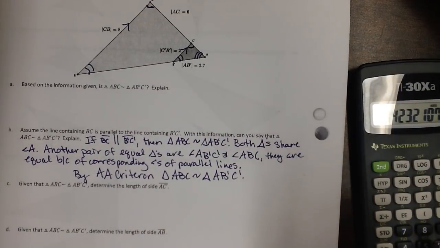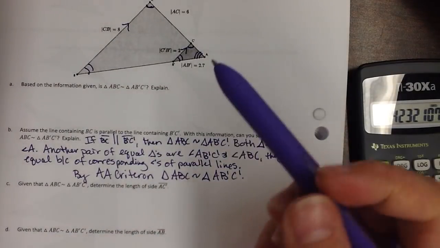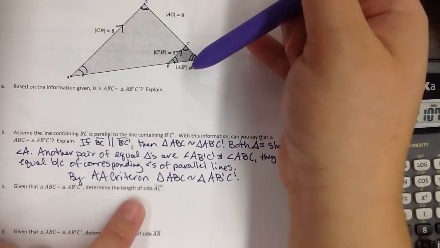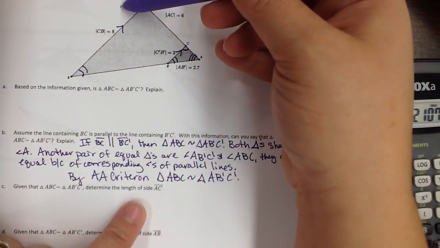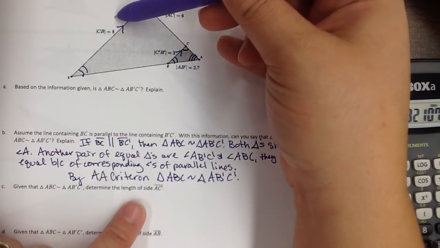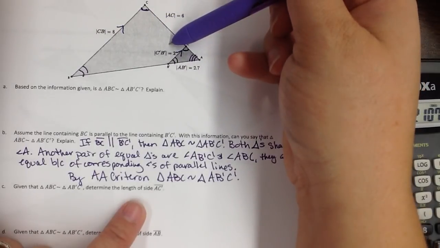Alright, given that triangle ABC is similar to triangle AB prime C prime, determine the length of side AC. Okay, so just like before, we're going to look at our diagram. And when we're determining a length, we have to use the two sides that are given. So CB and C prime B prime, it gives us those lengths. So we're going to start with that.